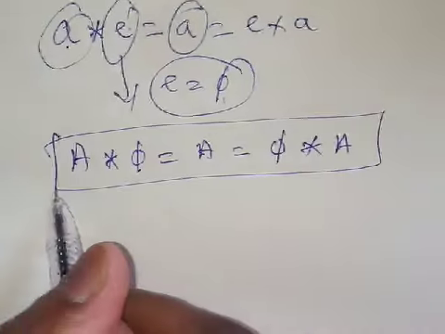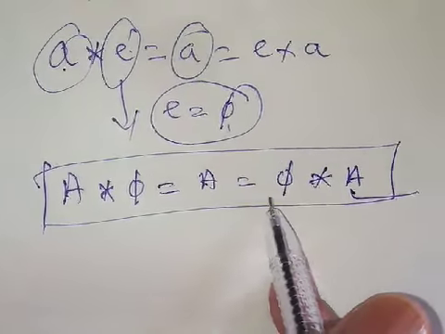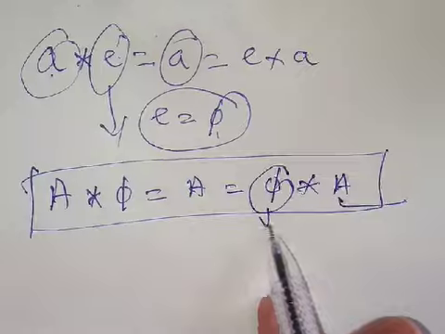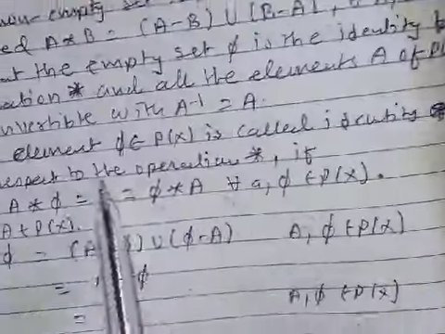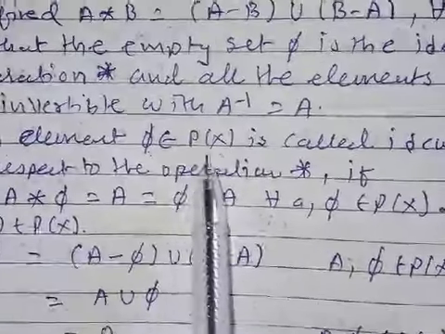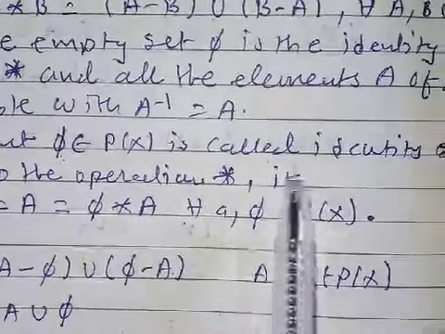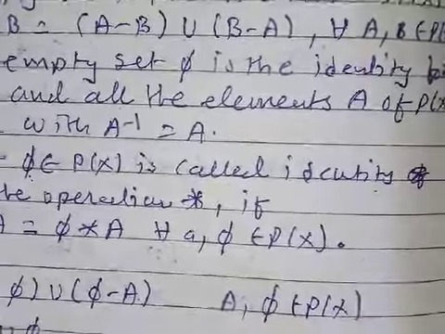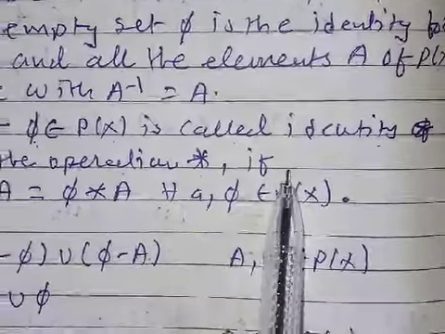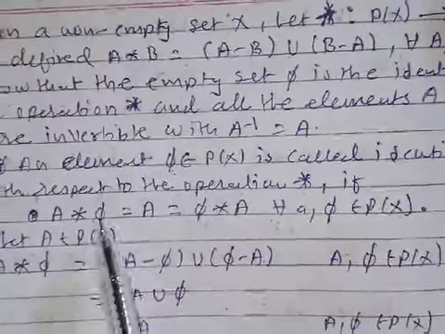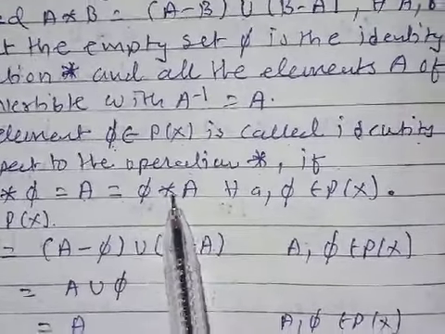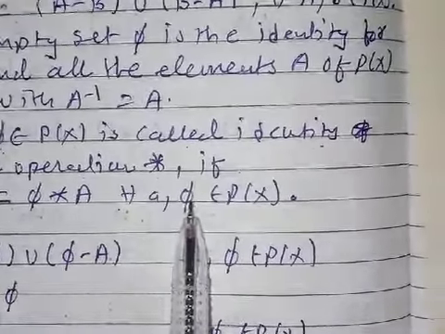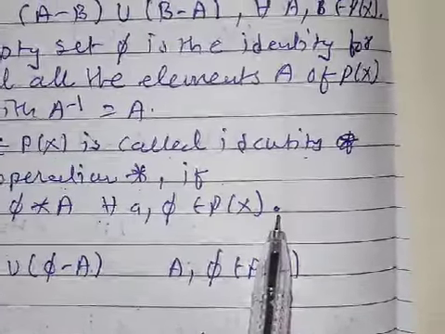If we prove this, then we can say that phi is an identity element. So let's see here. An element phi belonging to P(X) is called identity with respect to the operation star if A star phi is equal to A is equal to phi star A for every A and phi belonging to P(X).